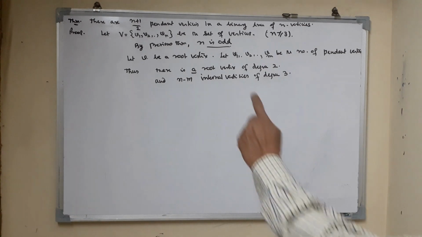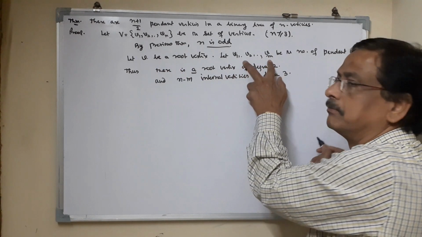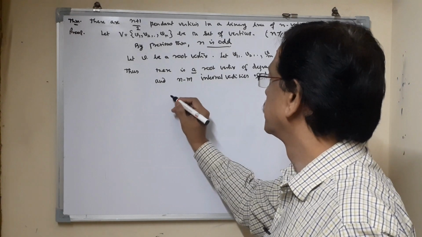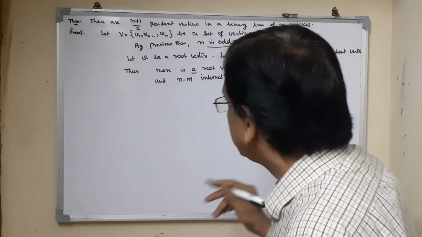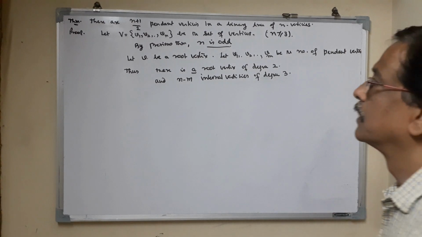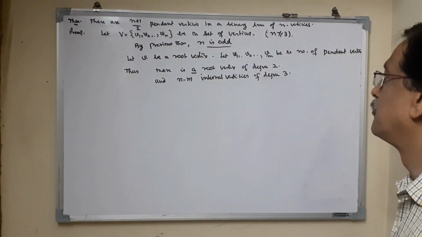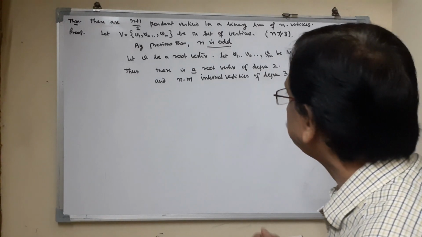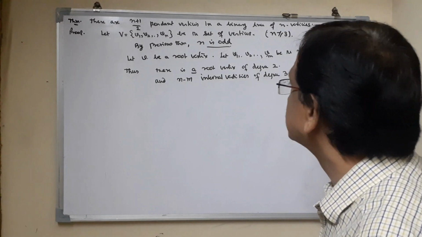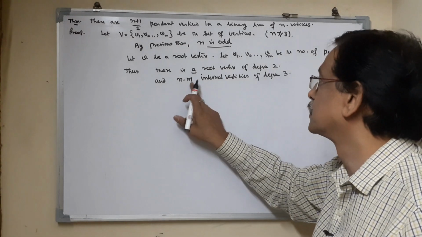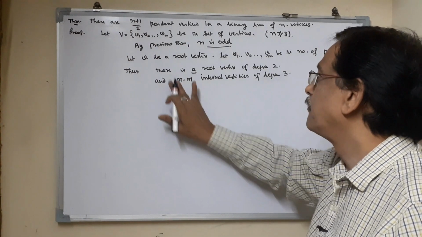So I have a root vertex and I have n minus m internal vertices, each of degree 3. Now I have to evaluate m. The m must be (n plus 1) by 2. That's our claim. So if I want to show that m is (n plus 1) by 2, I will consider these two.